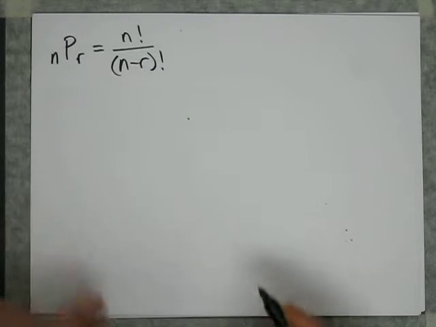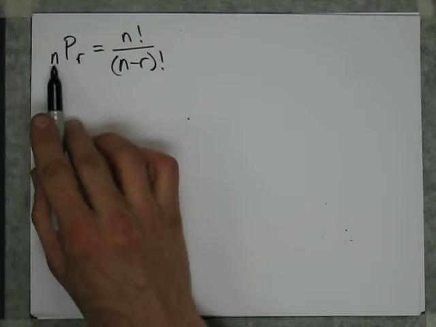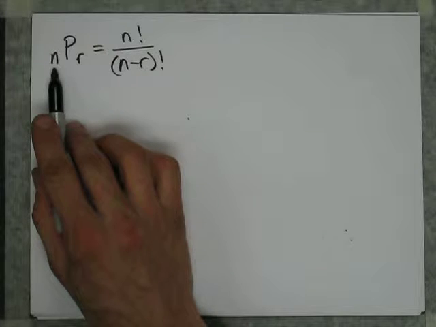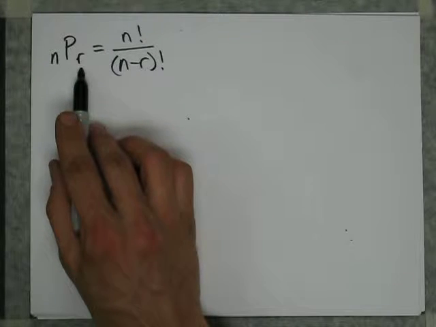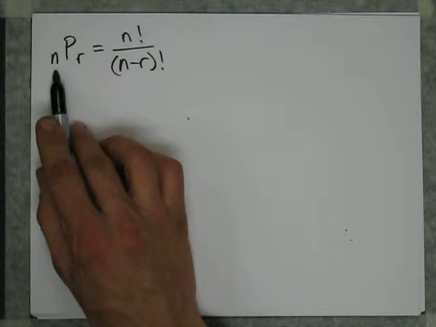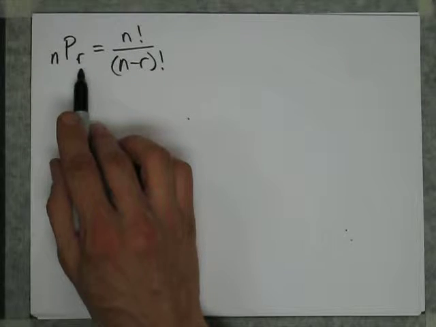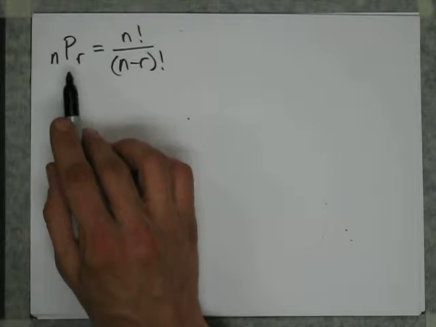Now, what this is stating is the number of things you have and how many ways you want to choose them. So this is the number of things you have, and this is the number of things that you're going to choose.